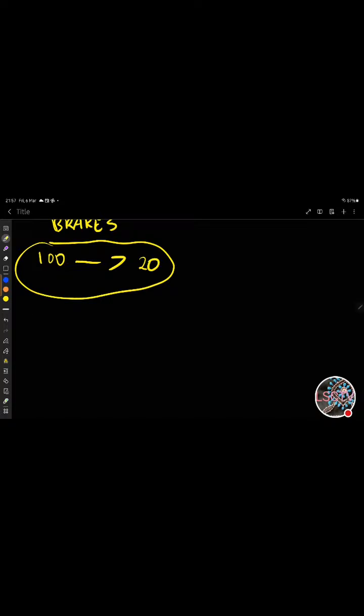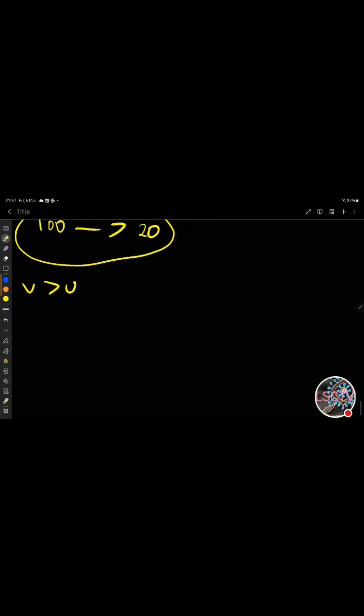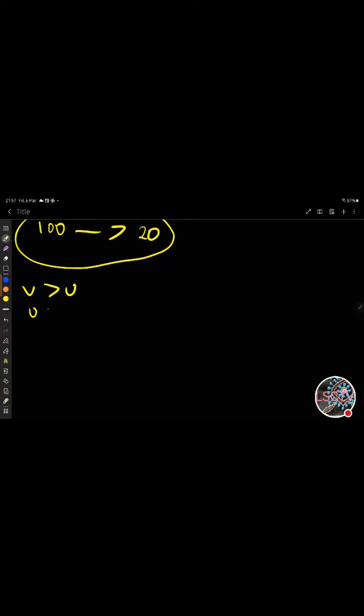Now, when do we have a situation where it is positive? Let's say the final velocity is greater than the initial velocity. Second circumstance, negative, when the initial velocity is greater than the final velocity.